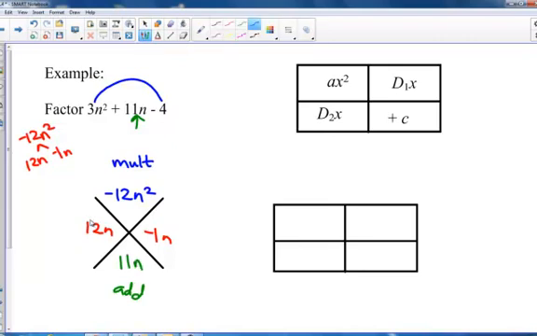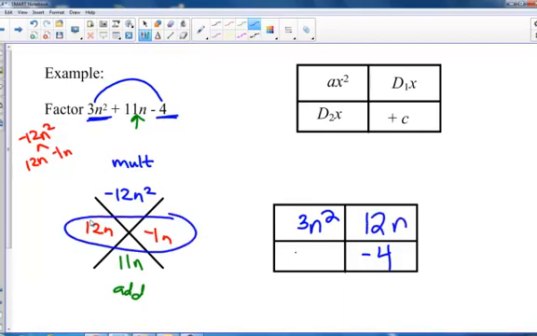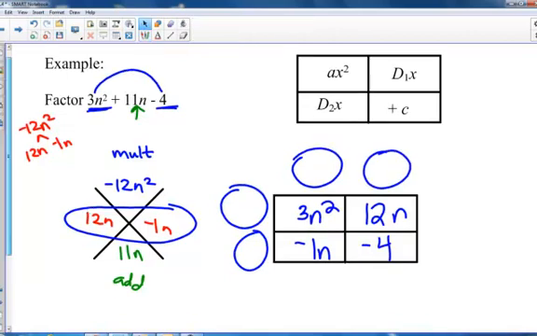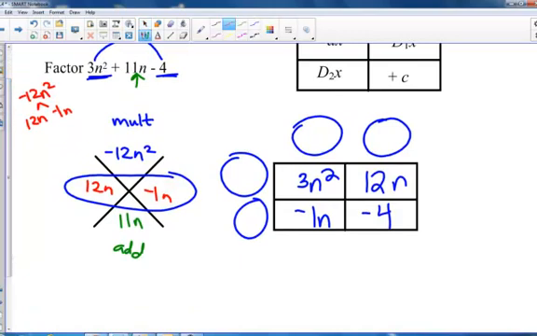I can also plug in my 3n squared and my negative 4 from my initial problem. And then my 11n, instead of 11n, I'm writing 12n and negative 1n. Now I need to figure out what goes on the outside to get me all these numbers. So 3, if this is 12, this is going to have to be my 3.